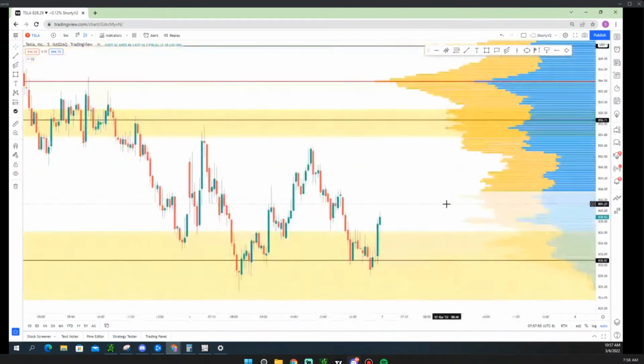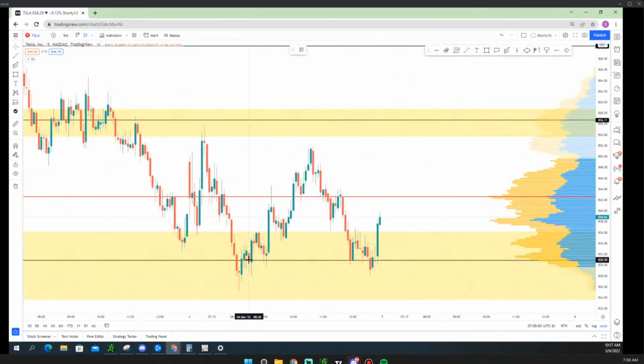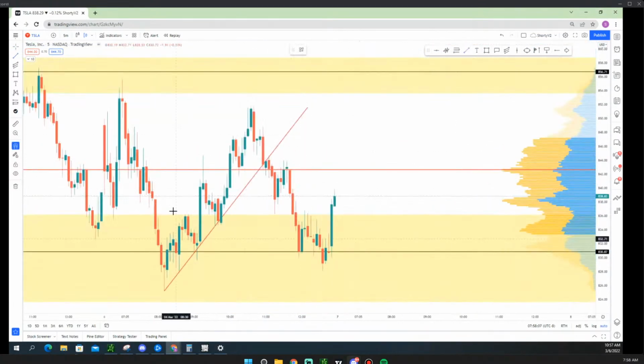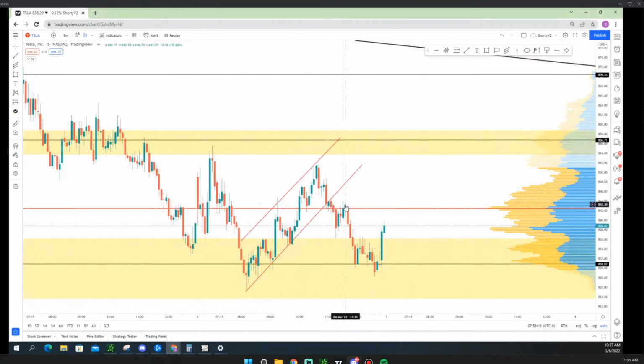Look at this, this is what I was screaming about for you guys. This was a nice channel that it had. If you look at this channel here, look how well it broke it, and we went all the way down to the target to a penny. So it was a pretty good play.